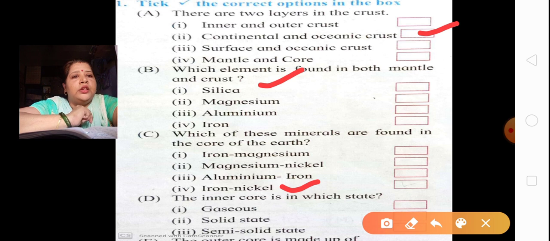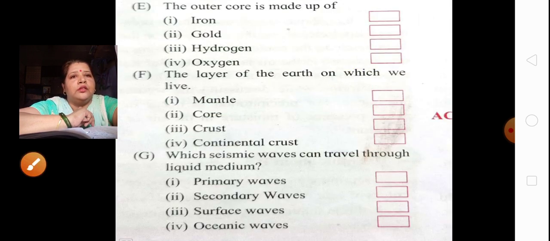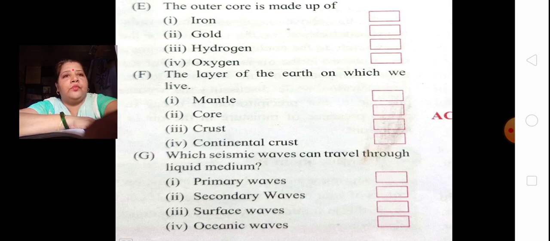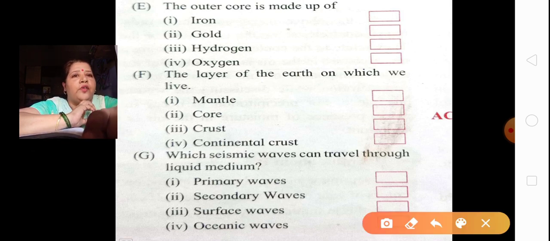The inner core is in which state? Gaseous state, solid state, or semi-solid state? Solid state. Correct. The next question. The outer core is made up of iron, gold, hydrogen, oxygen. Iron. Correct.